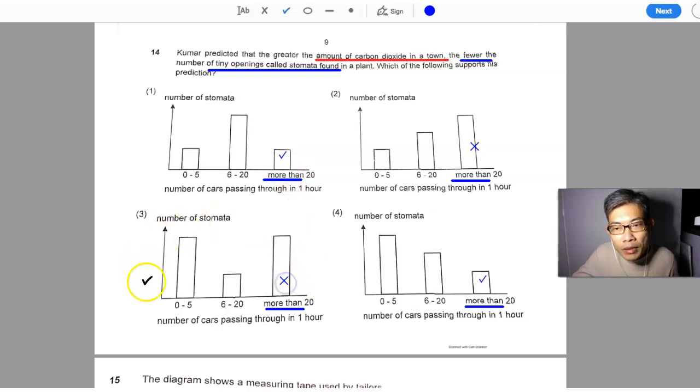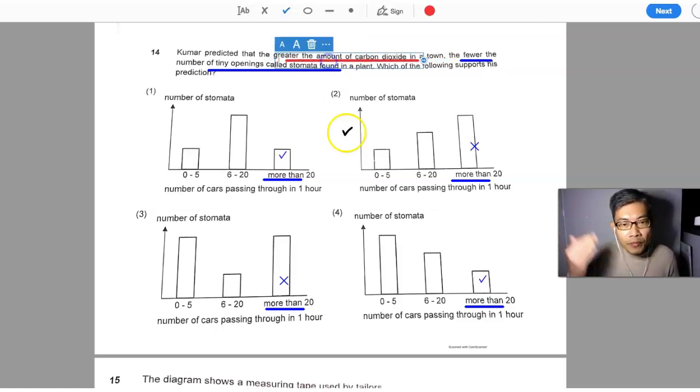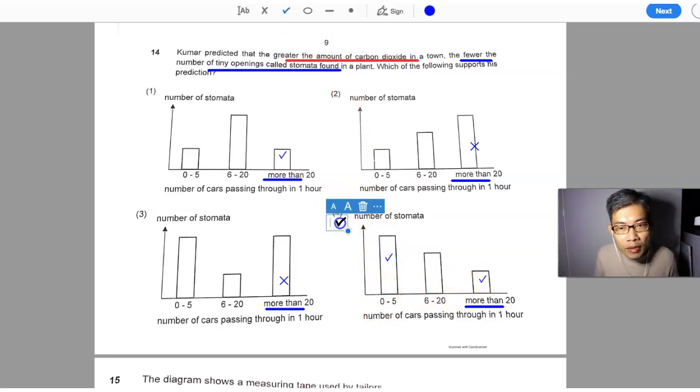Why is this wrong? Because it says more cars, more carbon dioxide, there's more stomata. Here it says more carbon dioxide, fewer stomata. Okay, so these two are wrong. So these are the two possible correct ones. So what's the reverse? If the greater the amount of carbon dioxide, the fewer the stomata, that means if the amount of carbon dioxide is lesser, then there'll be more stomata. Fewer cars, more stomata. It seems that this number 4 is the answer.